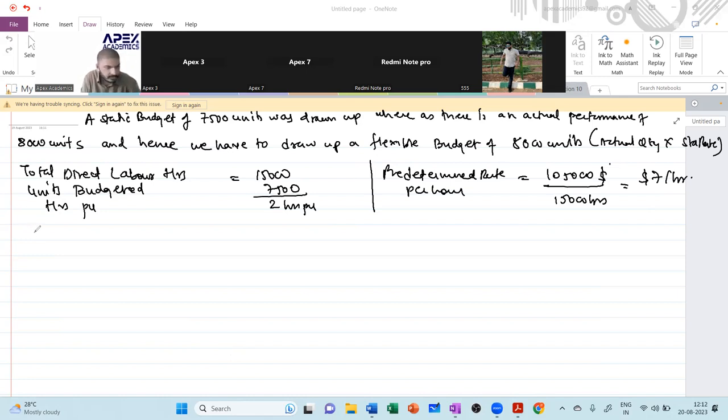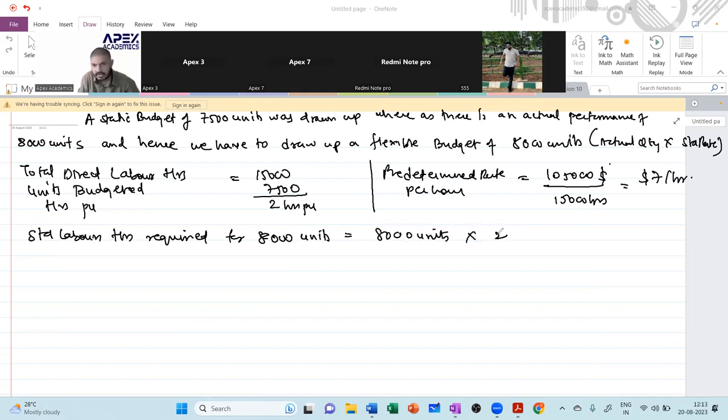Now, what are the standard labor hours required for 8,000 units? Handwriting, please. It is 8,000 units multiplied by 2 hours per unit, which is equal to 16,000 hours.